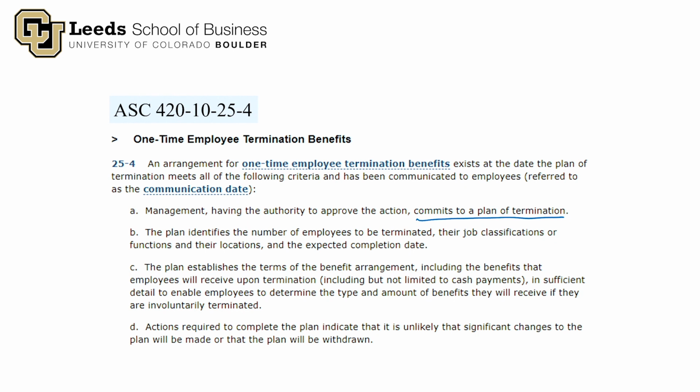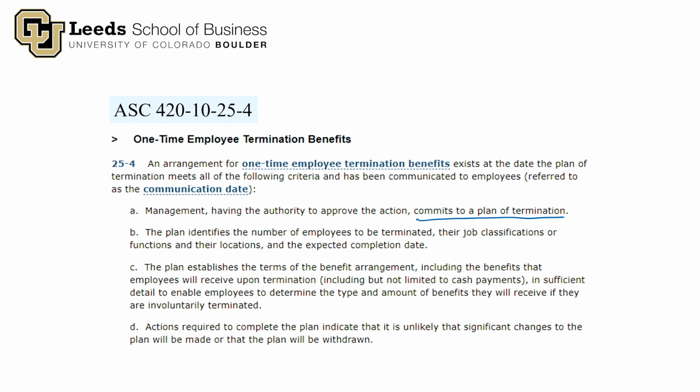B and C just talk about whether the plan is specific enough so that we and the employees know exactly what costs are involved. And the last condition, D, actions required to complete the plan indicate that it is unlikely that significant changes to the plan will be made or that the plan will be withdrawn.